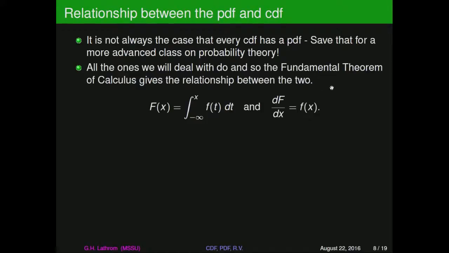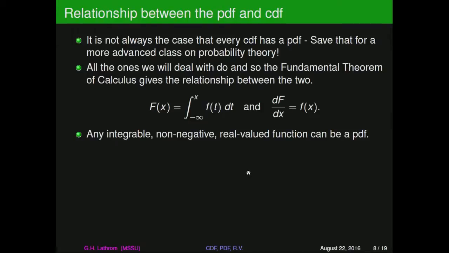So for us, all of the cumulative distribution functions that we're going to encounter do have PDFs, and the fundamental theorem of calculus gives us the relationship between the CDF and the PDF. If capital F(x) is the integral from minus infinity up to x of f(t) dt, then if we take the derivative of the CDF, we get the PDF.